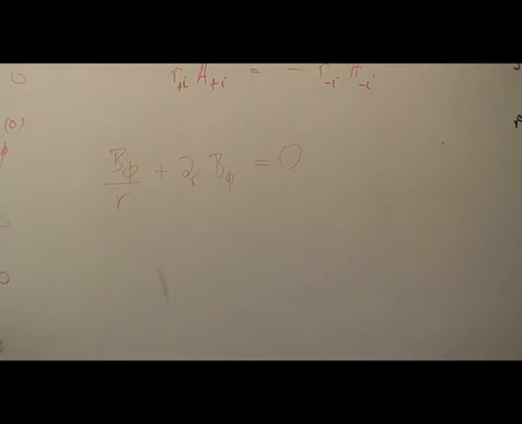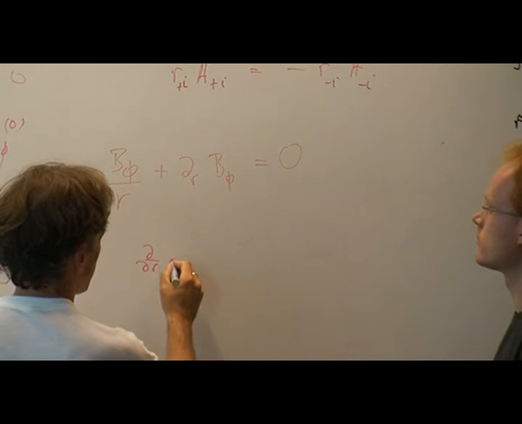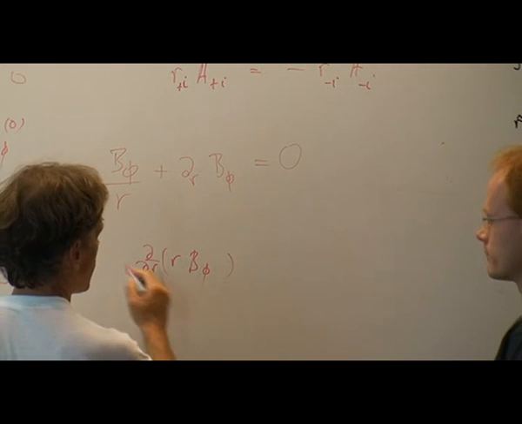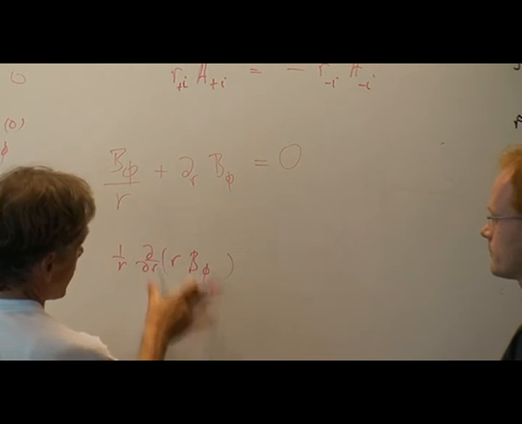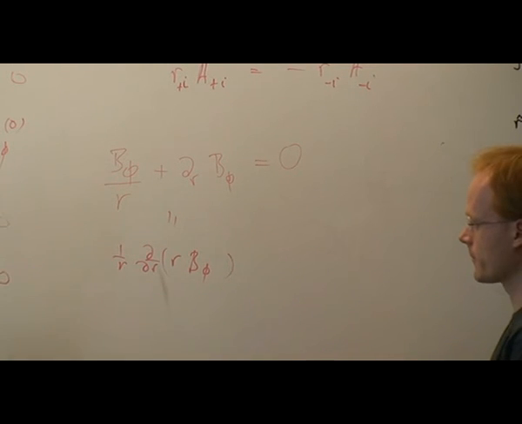Yes, that by the way, of course, is exactly equivalent to this. This really means the same as saying d by d r of r times b phi. That is the same thing. So if that is 0, then you just require this to be 0. Just like this.